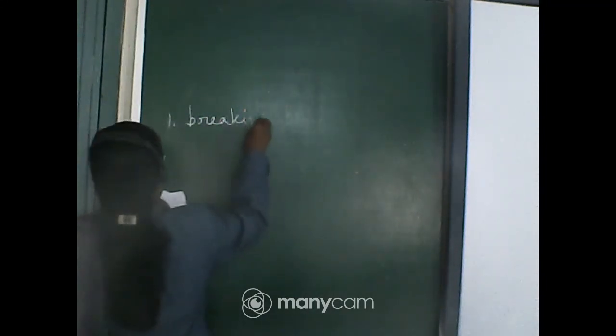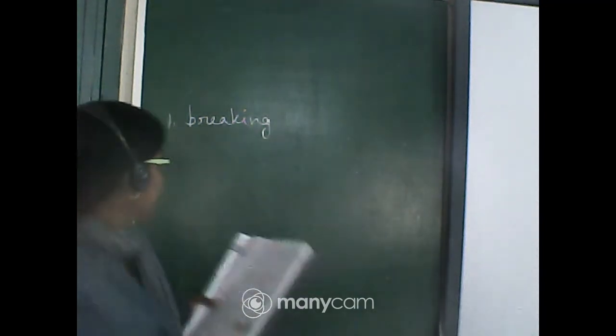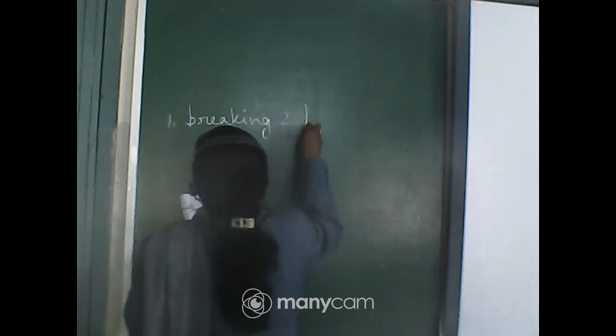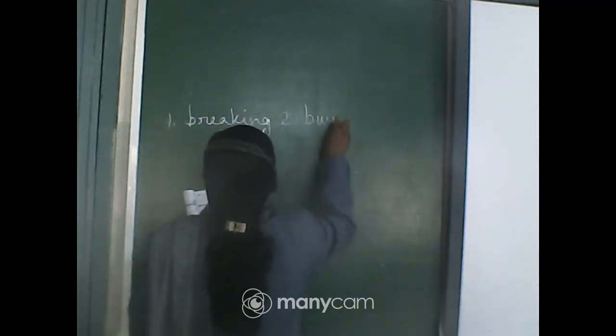So come to page number 73. Number E, write down ing form of the following verbs. Number 1, break. So we will write breaking. Next, number 2, buy, buying.